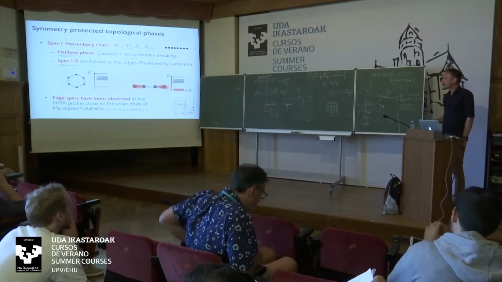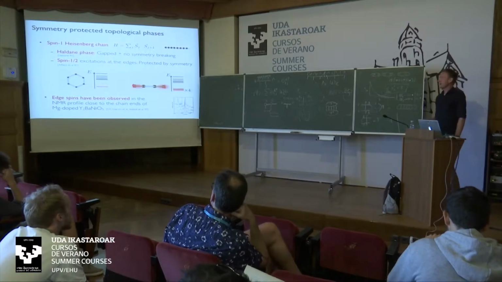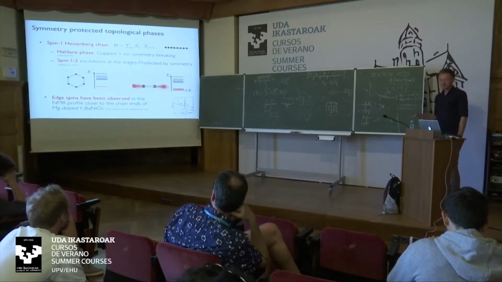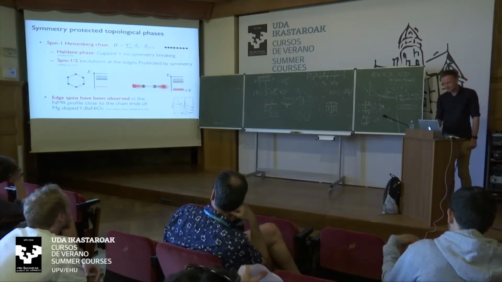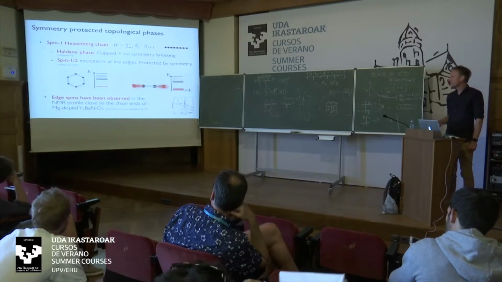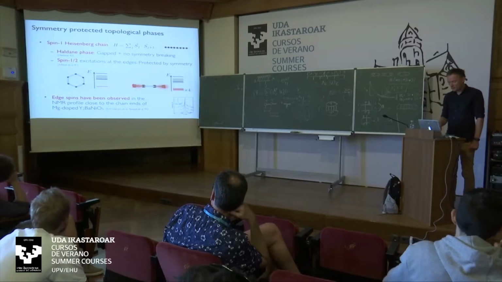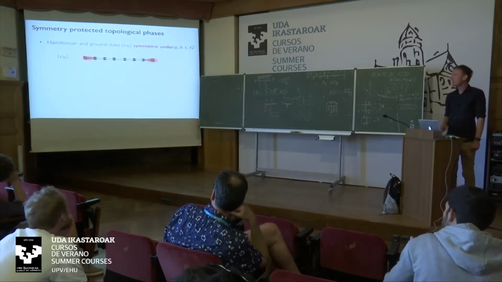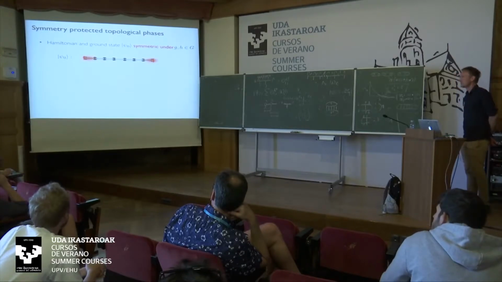And if these systems are doped with non-magnetic impurities, then NMR experiments show indications of half-integer spin excitations. So this is a quite interesting property. And I want to formalize this now a little bit, and this then gives rise to these symmetry-protected topological phases. Right?